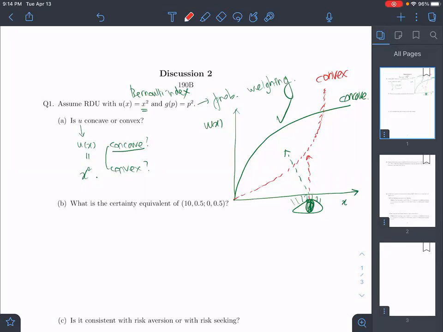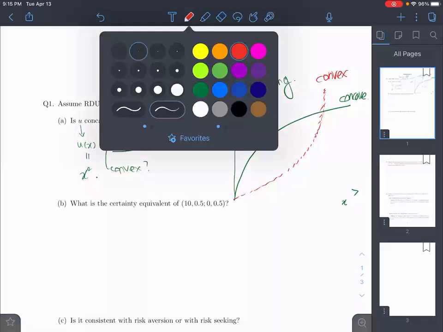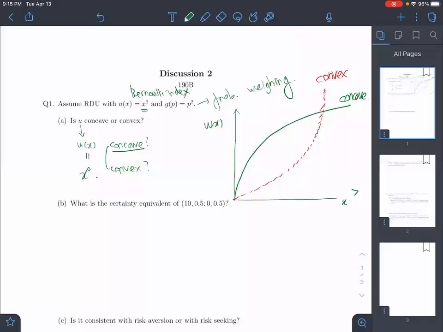Does that make sense? Using math, this definition doesn't make sense, so we need another, more formal definition. Keep this in mind. And then here, what is concave?